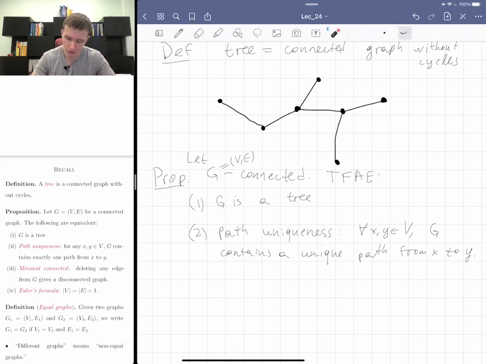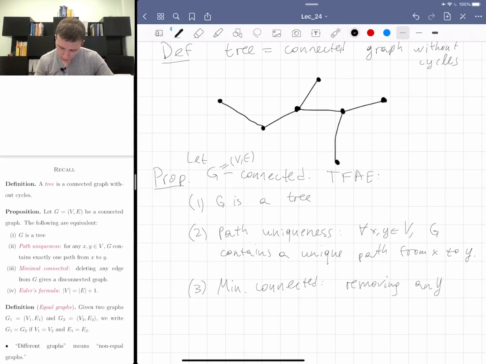If you have two vertices x and y, there could be many different walks from x to y, but there is only one path for any two vertices. The third condition is that G is minimal connected, which is that removing any edge from G gives a disconnected graph.